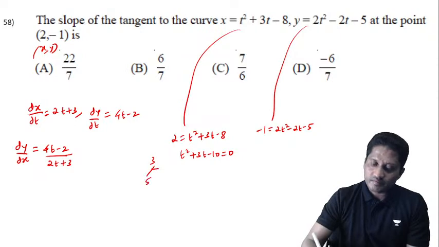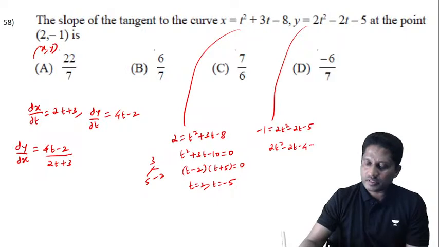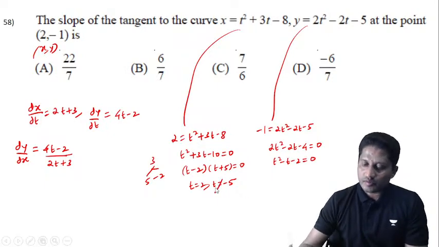To split the middle term, 5 minus 2, this is t minus 2 into t plus 5 is equal to 0. T is equal to 2 and t is equal to minus 5. Here you get 2t square minus 2t minus 4 is equal to 0. If you divide by 2, you get t square minus t minus 2 equal to 0. This is not possible because only t equal to 2 satisfies this.